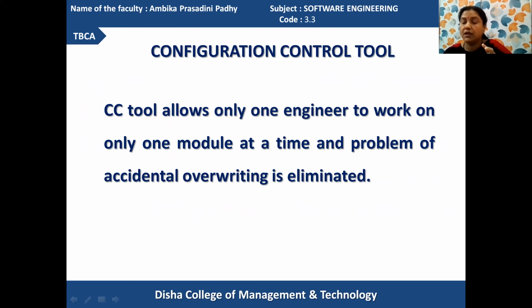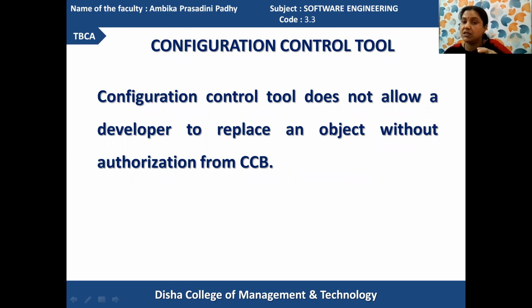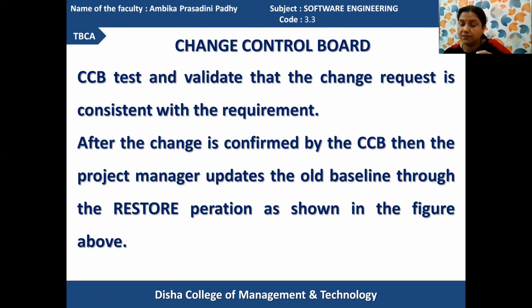Got it? If configuration control is performed, the drawbacks and the needs of configuration requirements we have discussed can be solved very well. Overwriting can be eliminated. A stable development environment can be provided to the system. Unauthorized changes can be restricted. Okay, these benefits we can get.